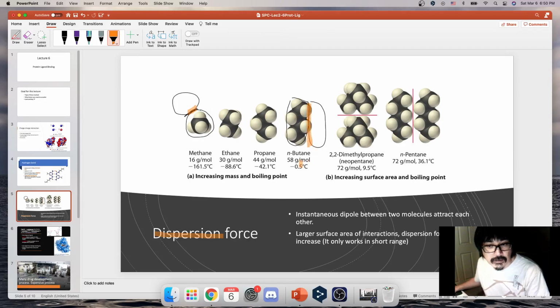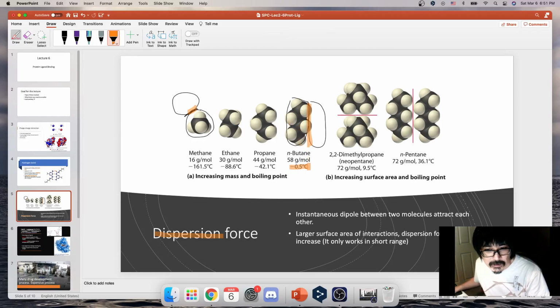A large contact area means a strong dispersion force, which means that they tend to be stuck together. So in other words, it will have a high boiling point.